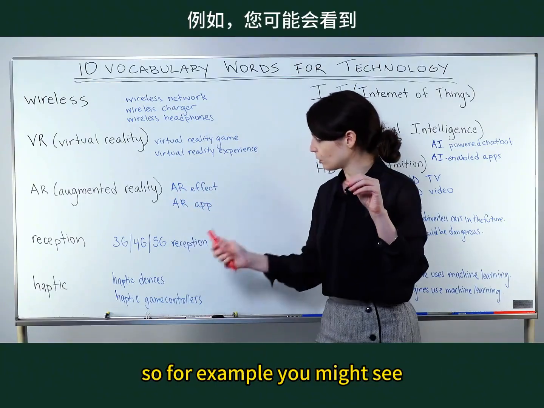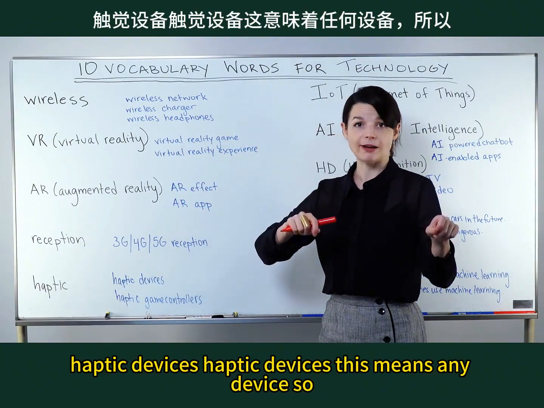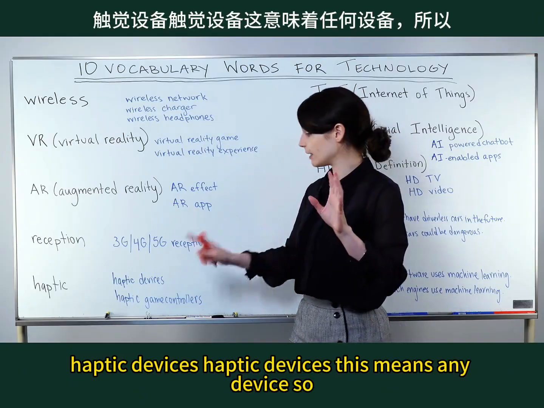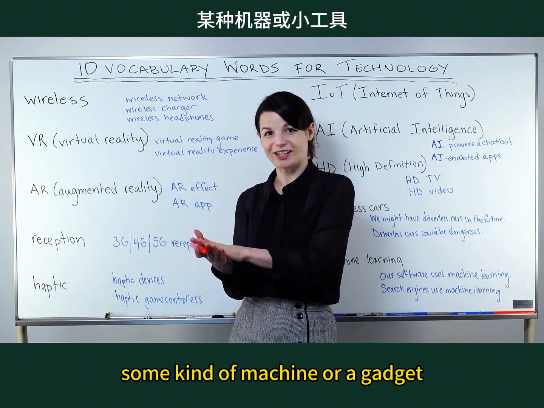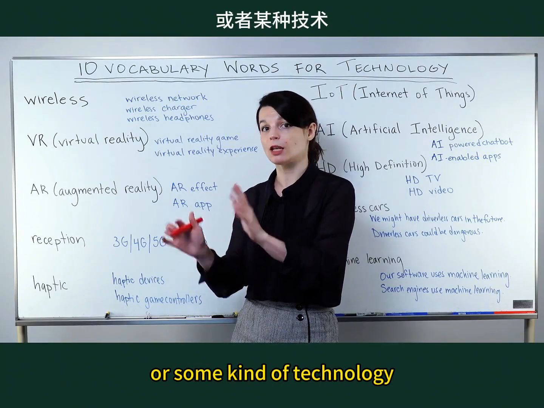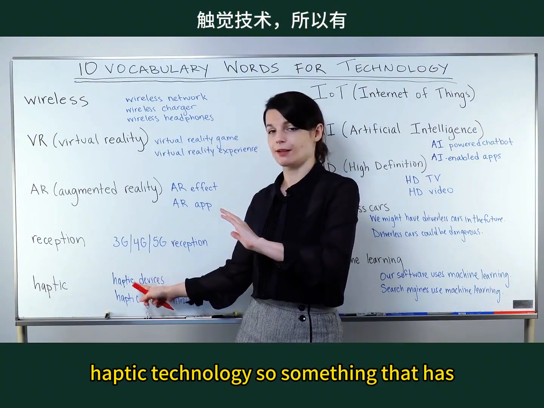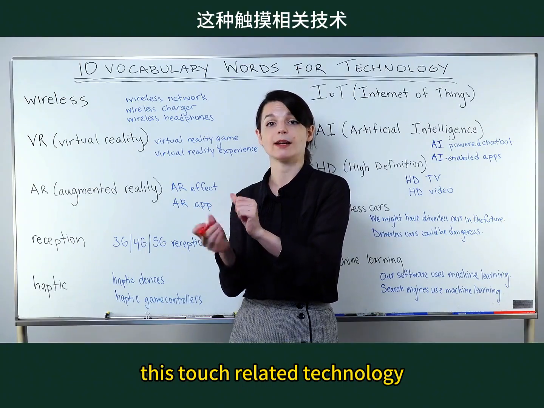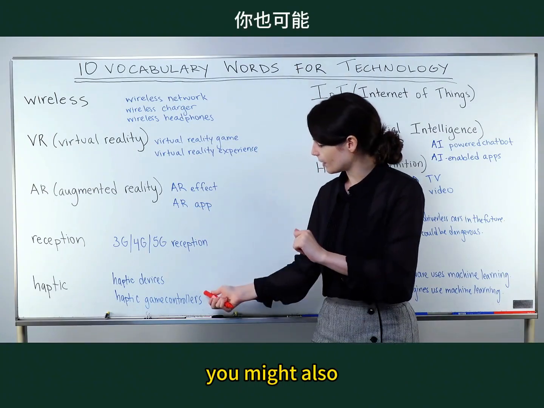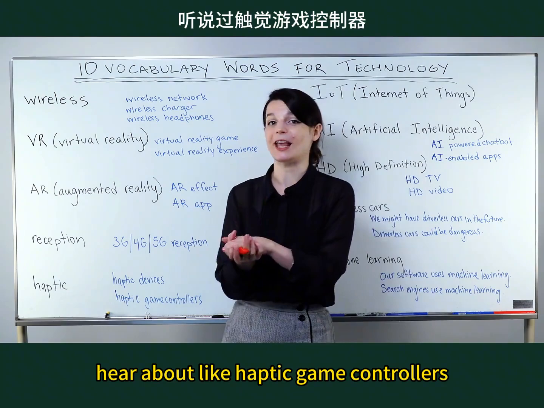So for example, you might see haptic devices. This means any device, some kind of machine or gadget or technology that uses haptic technology. So something that has this touch-related technology. You might also hear about haptic game controllers.